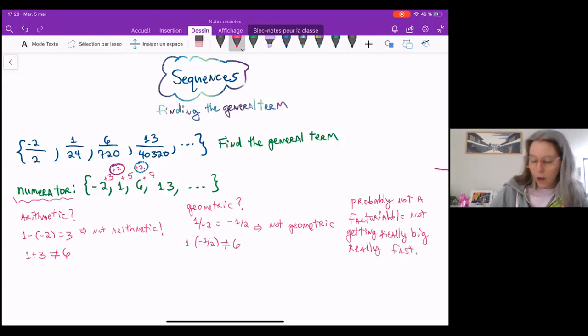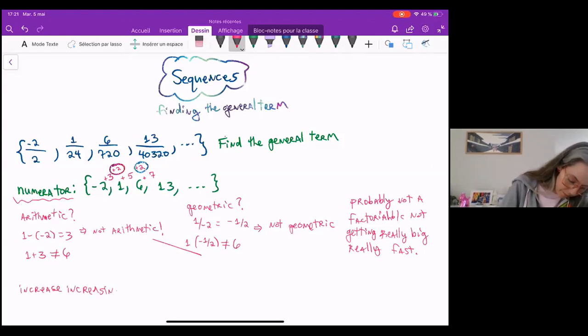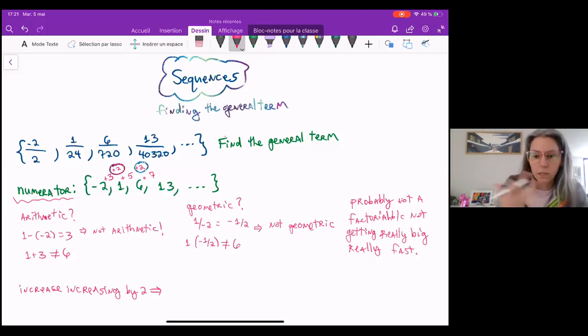Well, it turns out that if the increase is increasing by 2, that means that this is going to be some manipulation of n squared. So a good plan for right now would be to write down the sequence n squared.